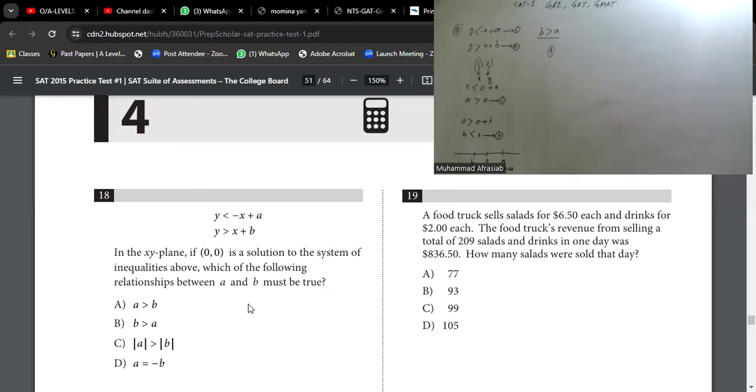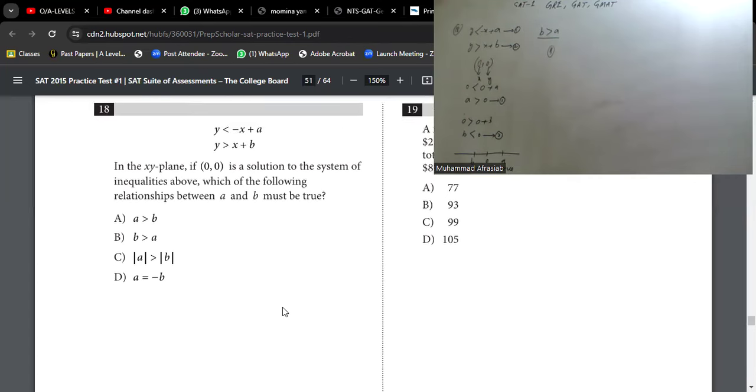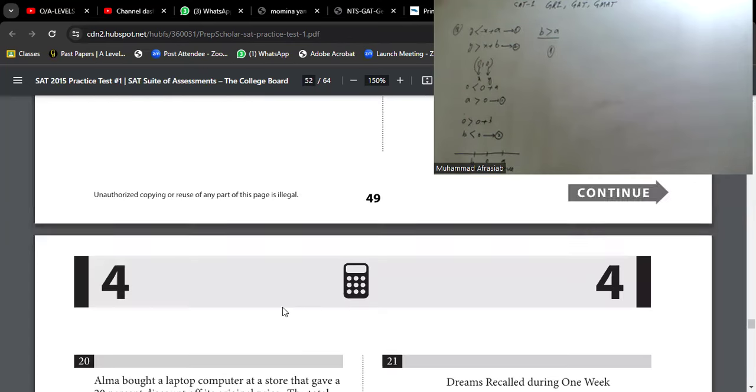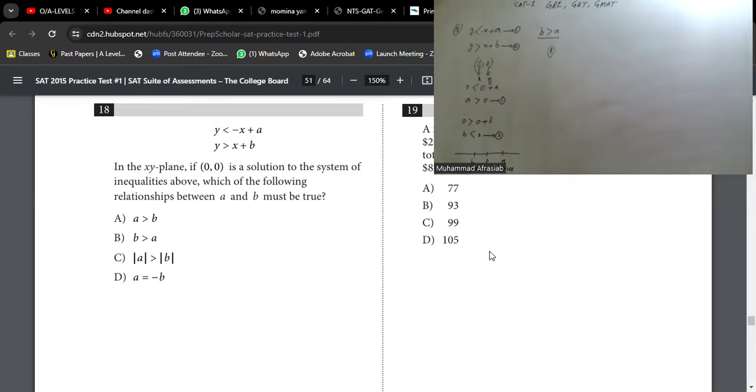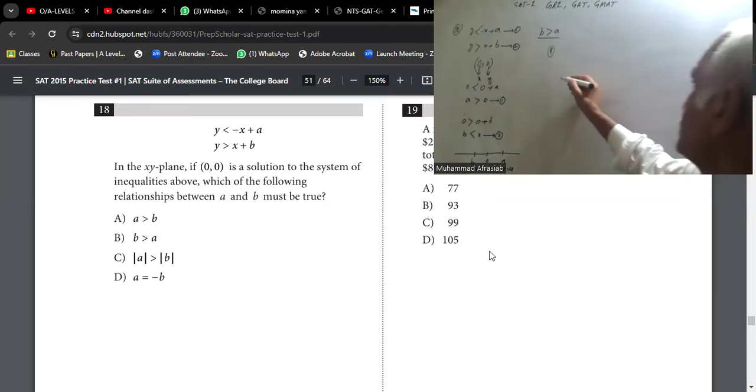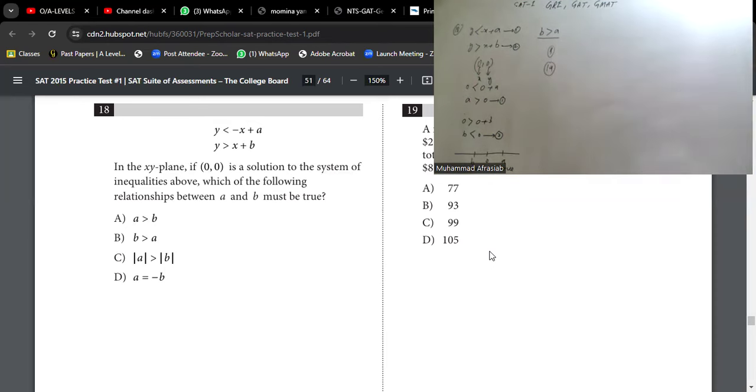Question number 19. A food truck sells salads for $6.50 each and drinks for $2 each.